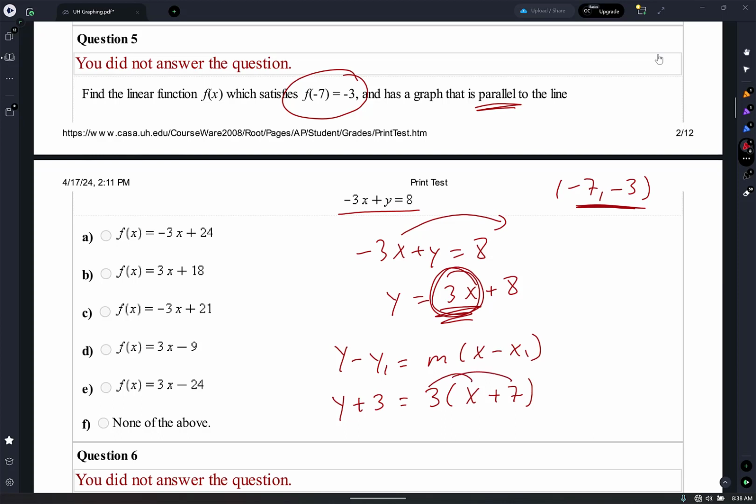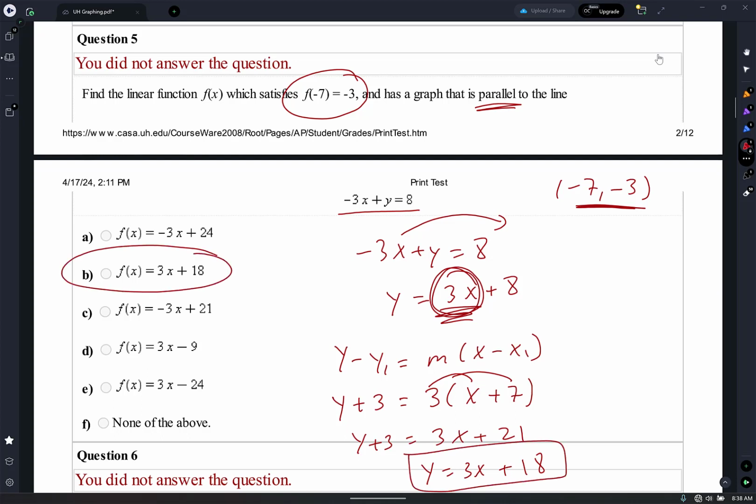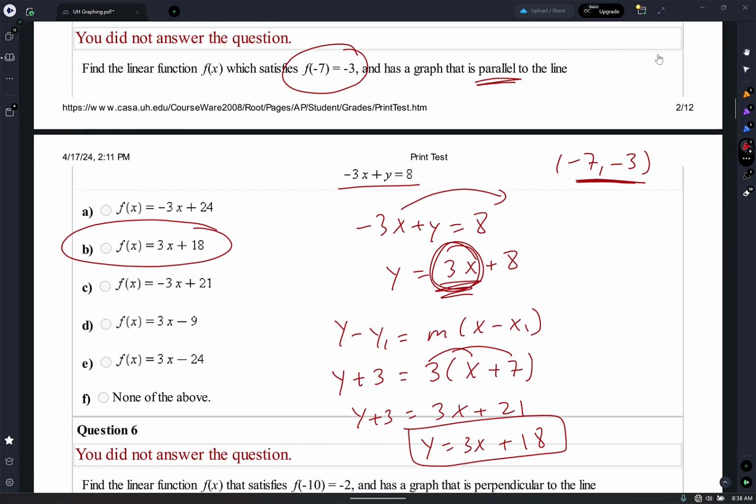So y plus 3 equals 3x plus 21. 7 times 3. Subtract 3. y equals 3x plus 18. Are we okay, guys? Okay. Go to the next one.